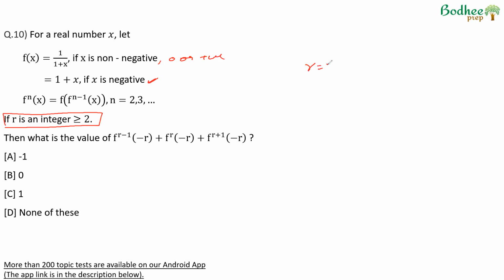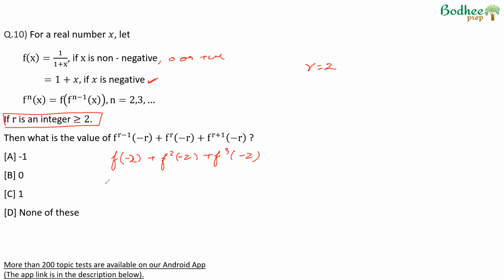Suppose we take r as 2. Putting r as 2 in the entire expression, we get f_1 of f(-1) plus f_2 of f(-2) plus f_3 of -2.